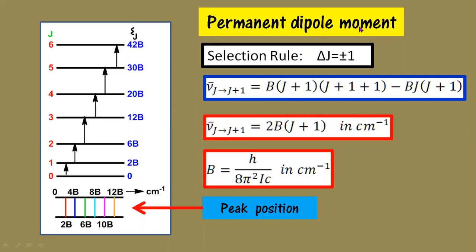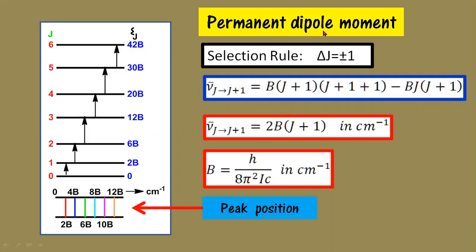Okay, and this is the important thing. You must keep in mind that the molecules which do not have a permanent dipole moment are not microwave active. Only molecules which have a permanent dipole moment are microwave active.